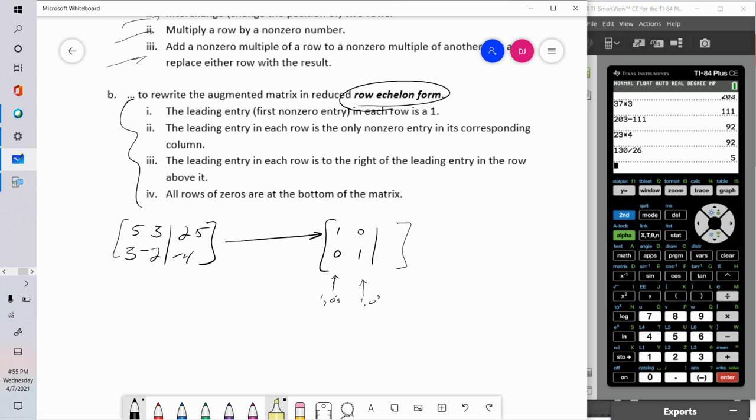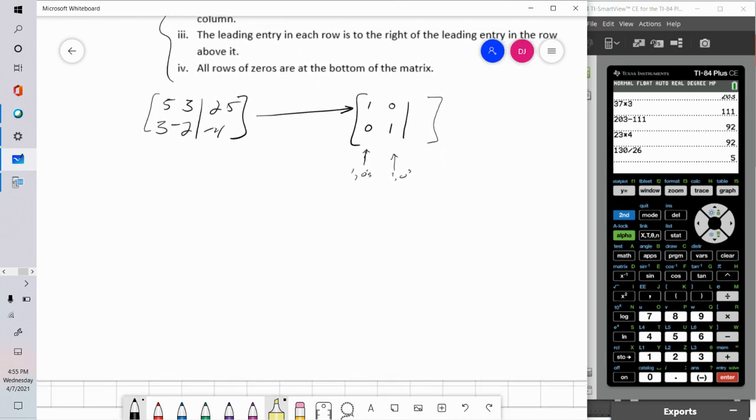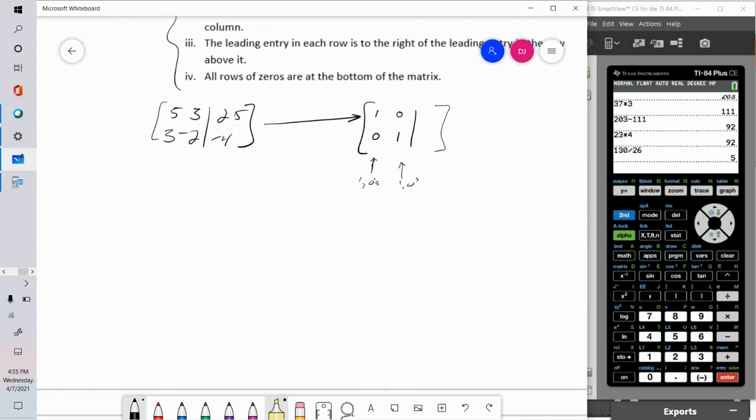Okay, so let's do the necessary row operations to solve this. The matrix is 5, 3, 25, 3, -2, -4. The first thing we need to do is make the element in the first row, first column a 1. The way we get 1s is by multiplying. The way we get zeros is by adding.